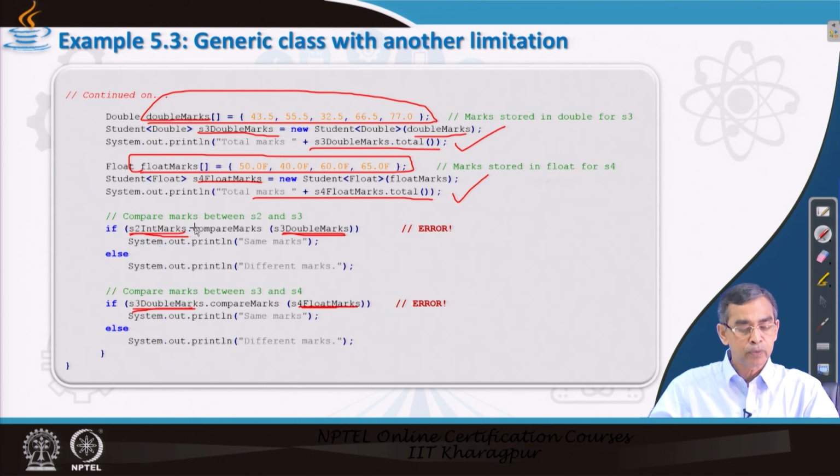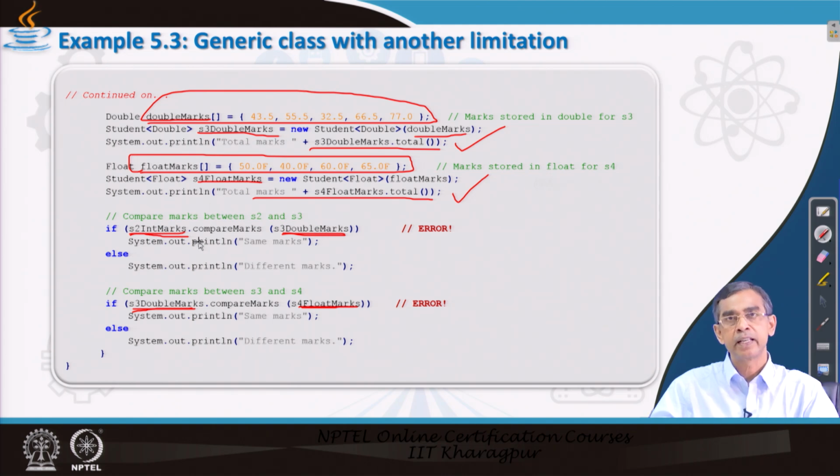Now, what is the problem? We are calling an object of a particular type and comparing it with objects of another type. The two objects are not of the same type, and that basically invites a problem called the type casting problem. So, it will not work for you. This is one limitation: we cannot call a method for a particular type with another type.